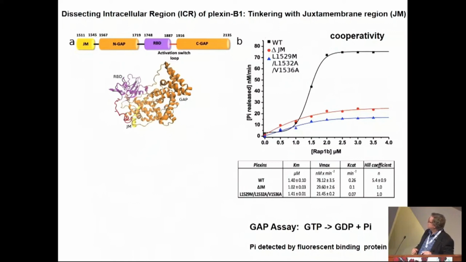We detect the phosphate by a fluorescent binding protein. As a function of substrate, the RAP1B concentration, the plexin just suddenly becomes much more active. This is a nice Hill S-shaped curve. Cooperativity happens. So how does this arise?